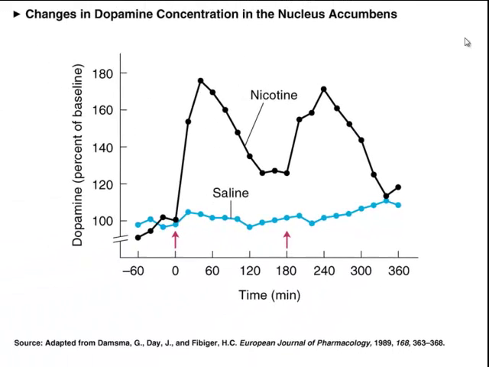But nicotine does this as well. This is a control group that just gets saline, again measuring dopamine percent increase from baseline, and this is the time that people get nicotine. Increases dopamine level activity, it drops down, people take another cigarette, more nicotine, and it goes up.